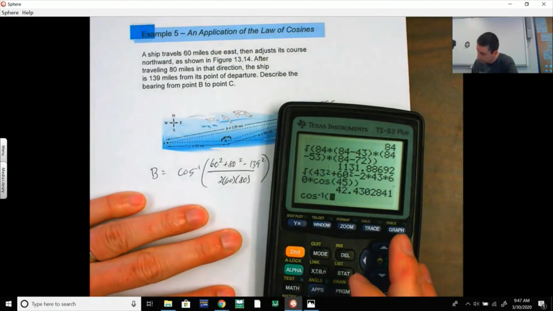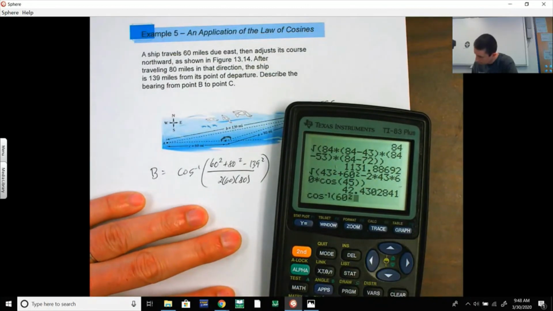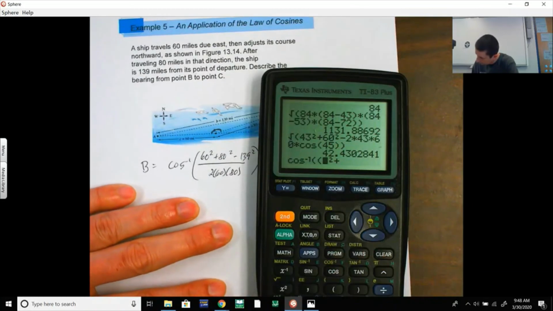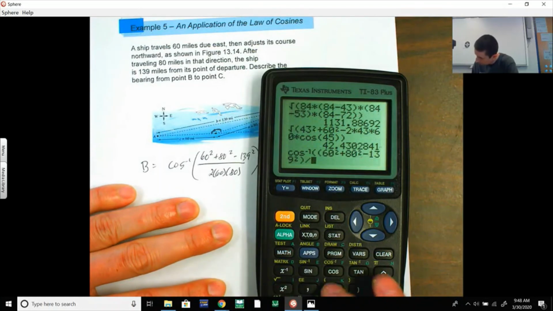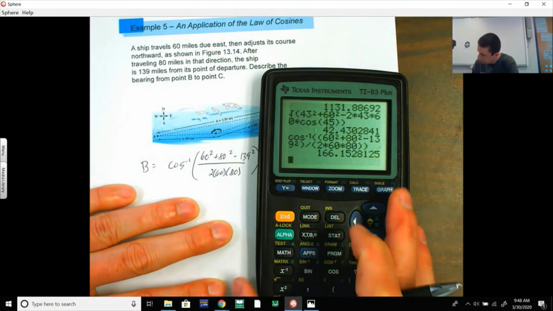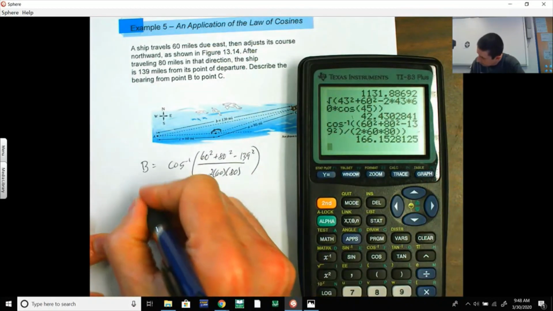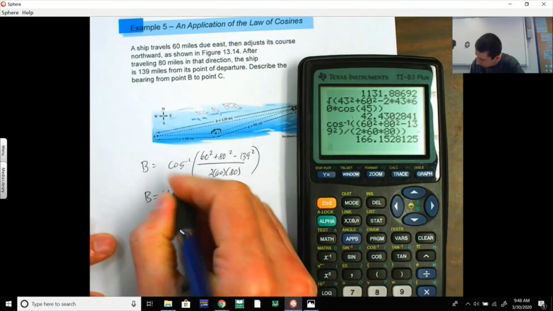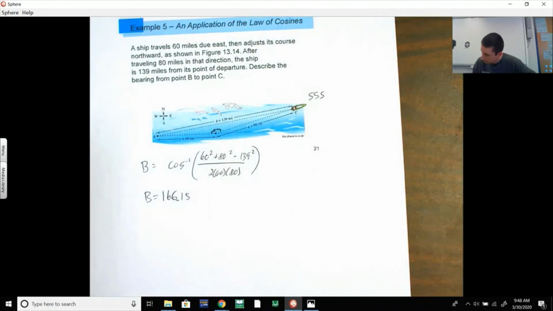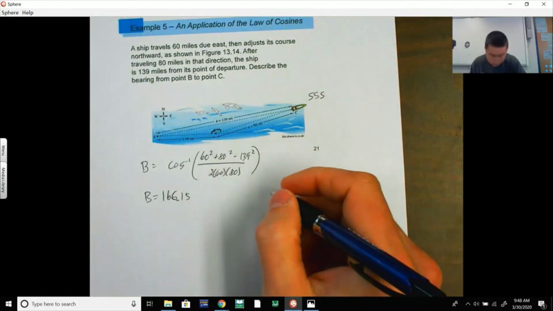I don't have this memorized, but I still have it right here in front of me. Inverse cosine, 60 squared plus 80 squared minus 139 squared divided by 2 times 60 times 80. Okay, so that angle is 166.15. So let's just keep it 166.